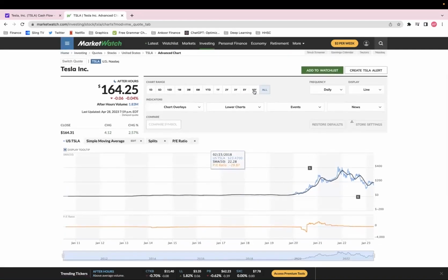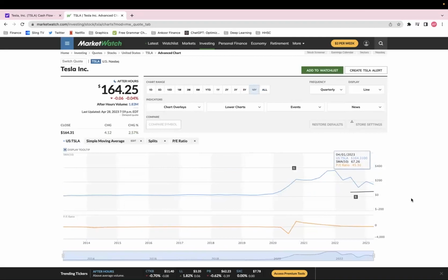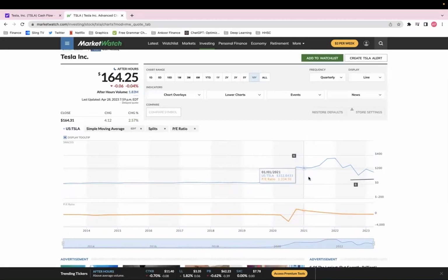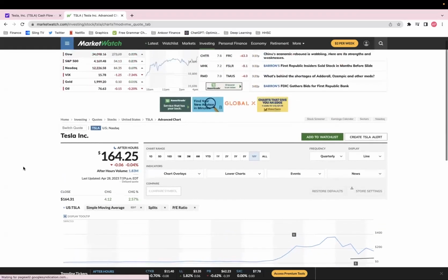So this is Tesla for the last 10 years. The top chart is the price and the bottom is the PE. If you can read, its PE is 41, and then it became 1836. The price was super high, and then it came down because the stock went down almost 50%. Right now it's 45 PE ratio. So MarketWatch is also good.